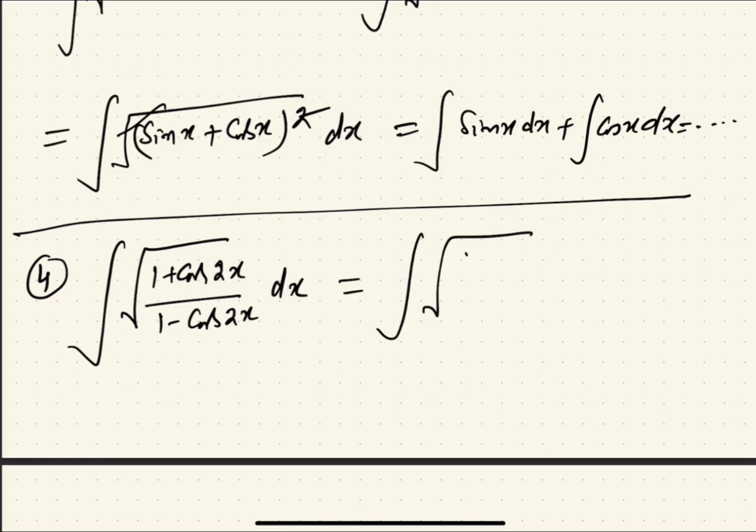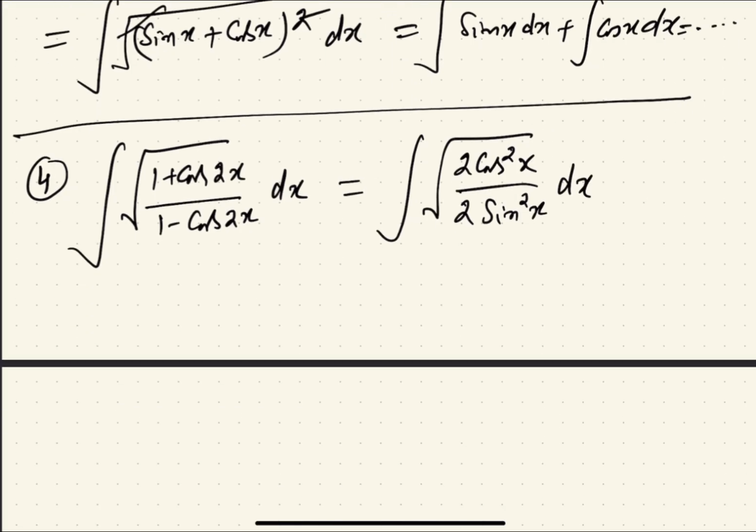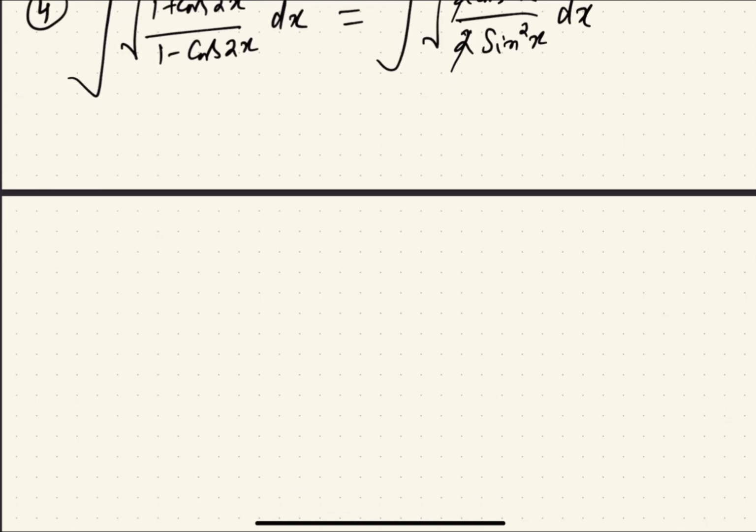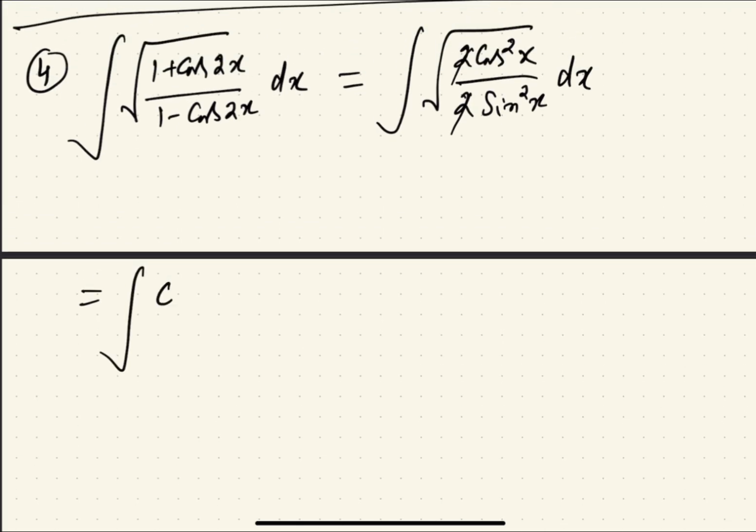This is 2 cosine square, the angle half of this will be only x, and that will be x here over 2 sine square x here, dx. Okay, 2 cancels with the 2, and the square root cancels with the square, and you will get here only cosine x over sine x dx.